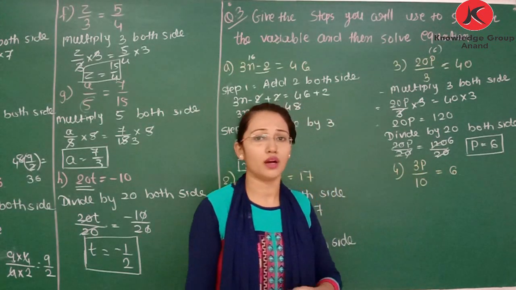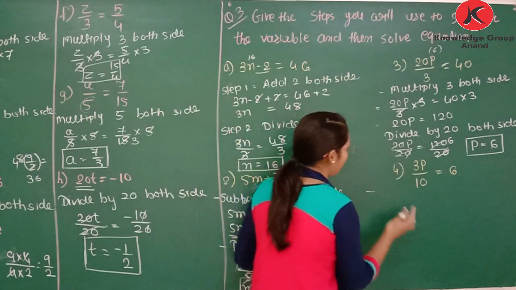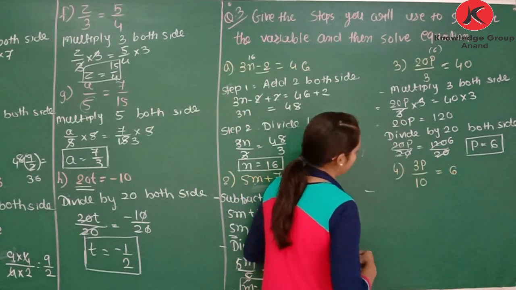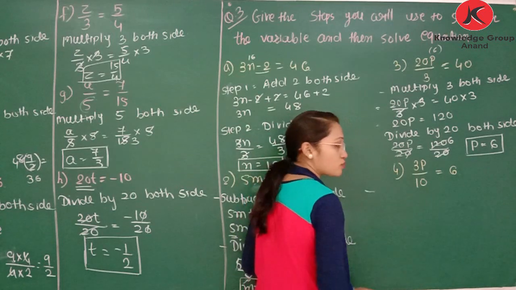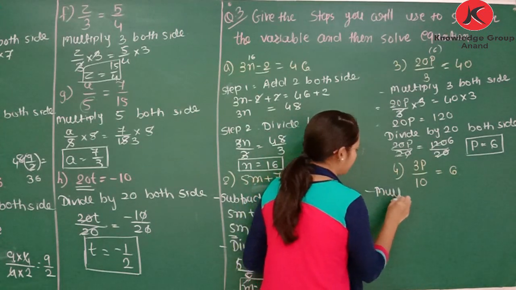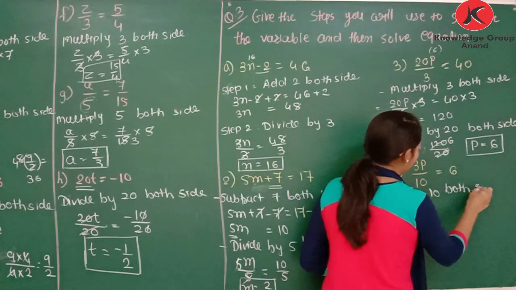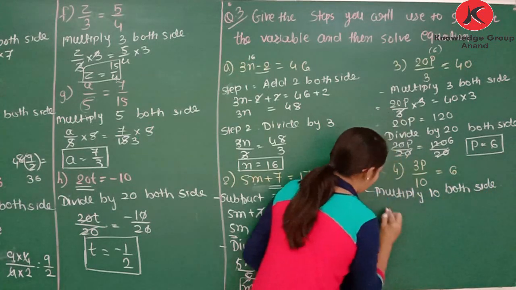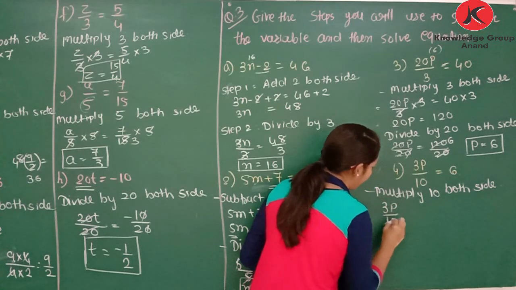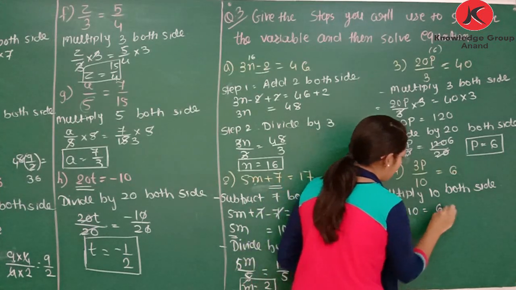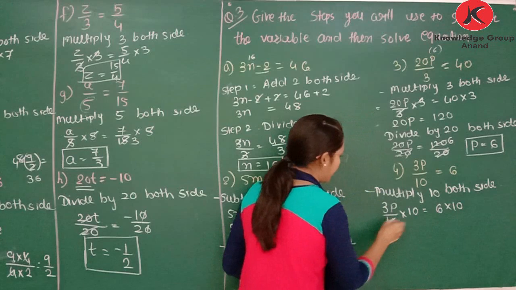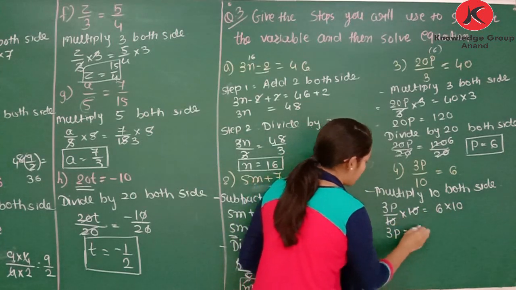Both will give the correct answer. So here 10 is in multiply divide, so multiply 10 both sides. So 3p by 10 multiply 10 is equal to 6 multiply 10. 10 cancel. 3p is equal to 60.